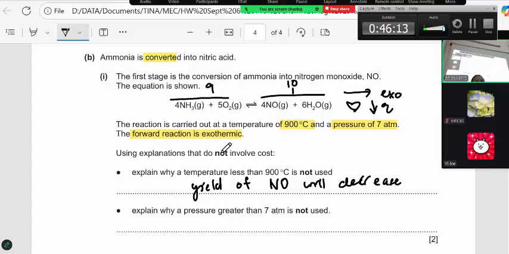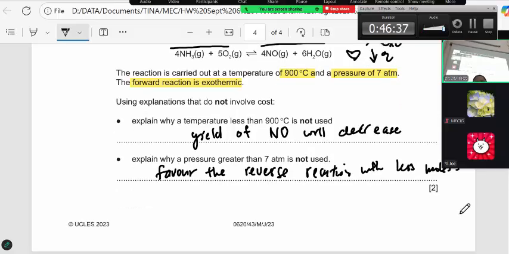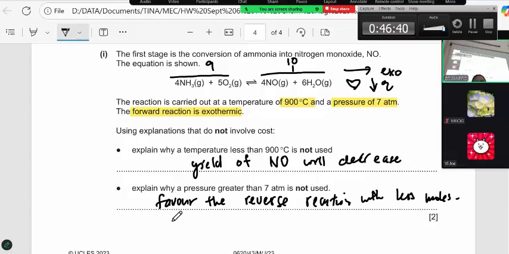If you have a greater pressure, it will favor the reverse reaction with fewer moles, so the yield of nitrogen monoxide decreases. It's the same answer as above.